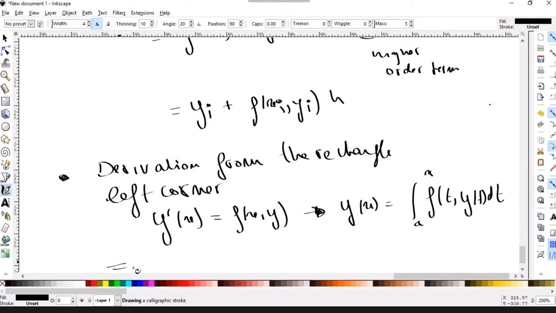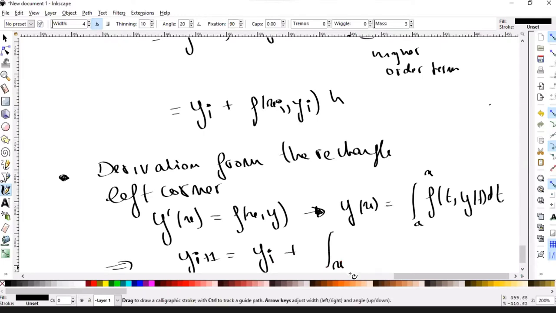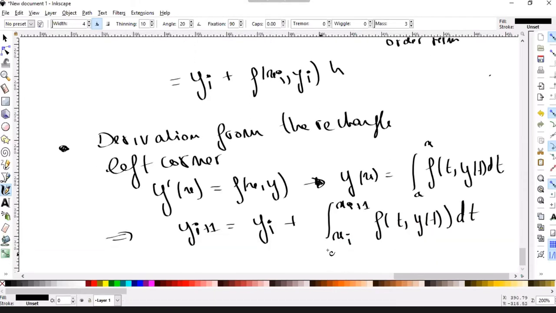And this means that y of i plus 1 is equal to y of x i, meaning y i, plus the integral from x i till x i plus 1 of f of t, y of t dt.